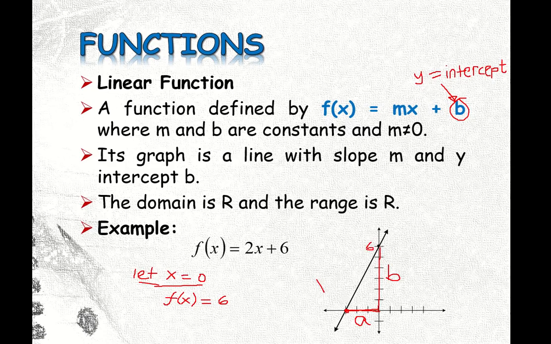So the coordinates of this point are still composed of x and y coordinates, or abscissa and ordinate. The coordinates of this point are 0 and 6.